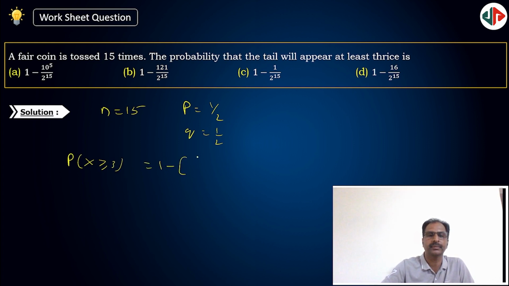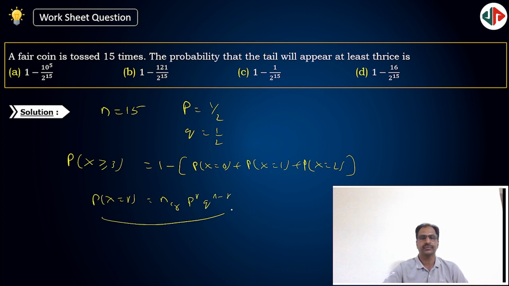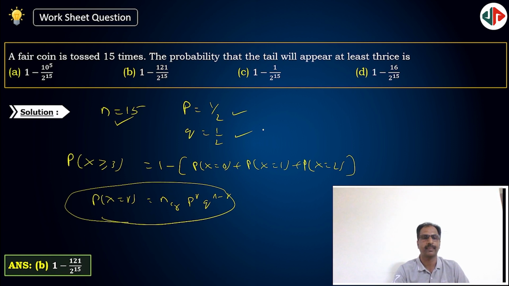This is nothing but 1 minus [P of x is equal to 0 plus P of x is equal to 1 plus P of x is equal to 2]. What is the formula for P of x is equal to r? nCr, p power r, q power n minus r. Use this formula, find P of x is equal to 0, 1, 2, everything is given, and p, q. Substitute and simplify. Option B is the correct answer.